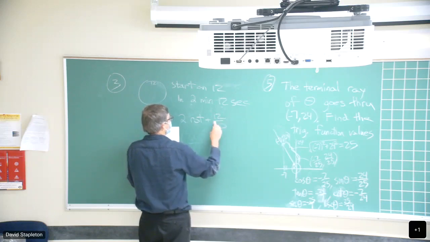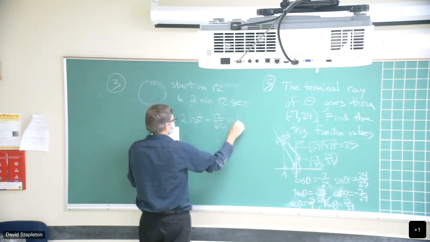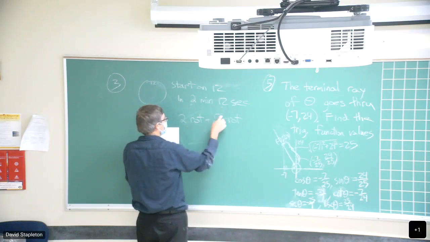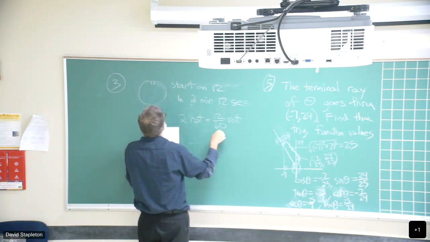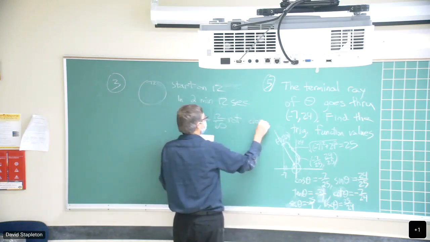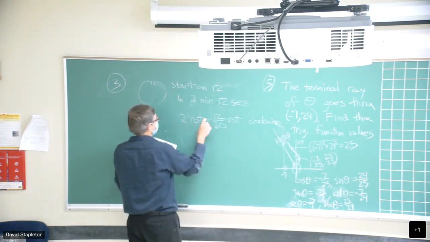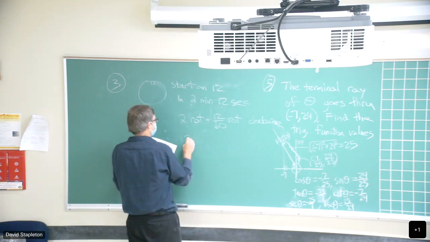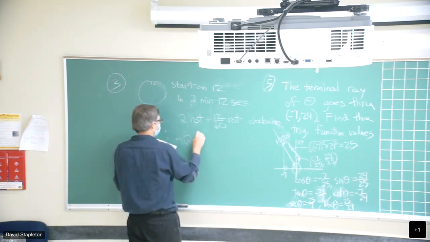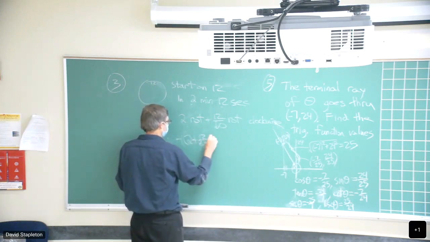There's 60 seconds in a rotation. So it's 2 rotations and 12/60ths of a rotation. And they're clockwise since it's a clock. So this is negative 2 plus 12/60ths rotations.